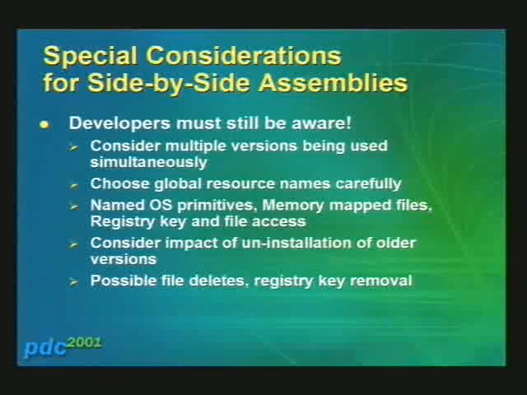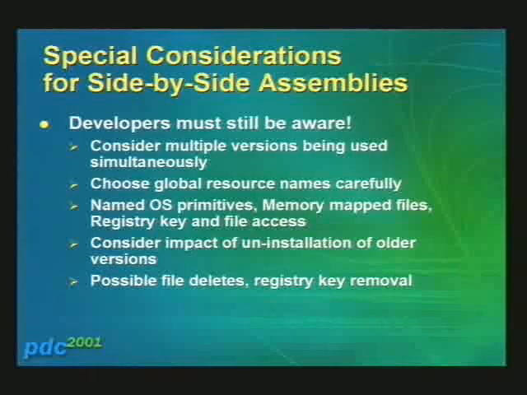But there are some considerations that people need to be really aware of in building assemblies that are going to be used in a side-by-side fashion. For example, imagine I was running that WinLoan version 1 and WinLoan version 3 at the same time, and one is binding to version 1.0 of the loan lib and one is binding to version 3.0 of that loan lib assembly. You need to consider that applications may be running simultaneously.